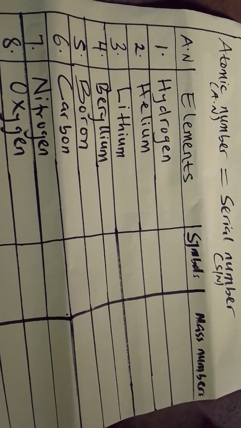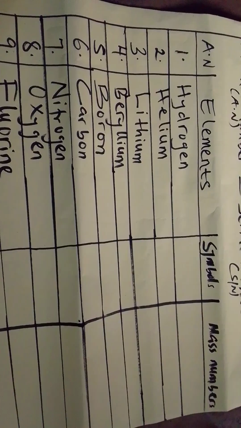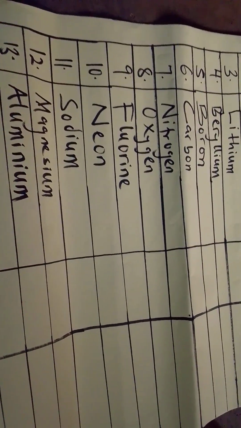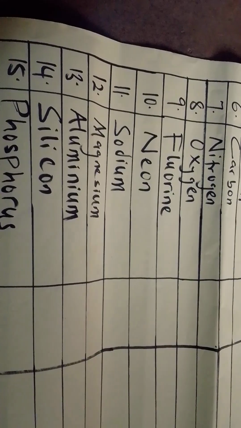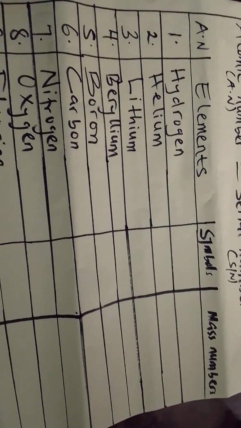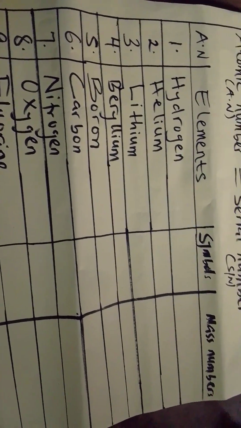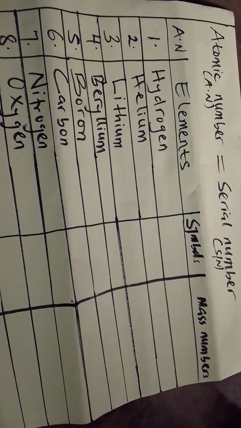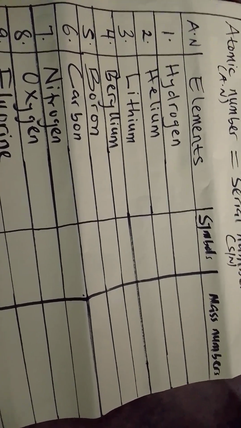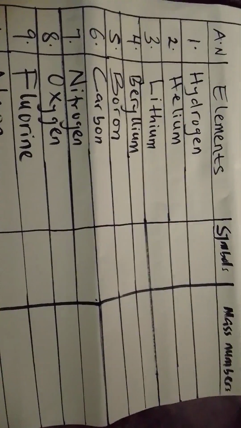So now, as you can see, these are the first 20 elements, but we are going to stop at phosphorus for today's class for the sake of slow learners and also for the sake of time. Then inshallah in the next class we are going to see it very easy, very helpful, very educative and entertaining as well.